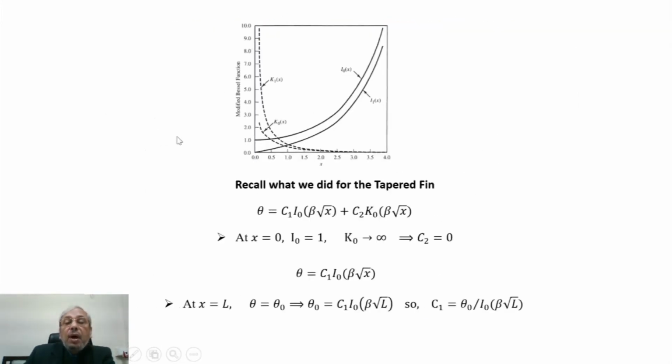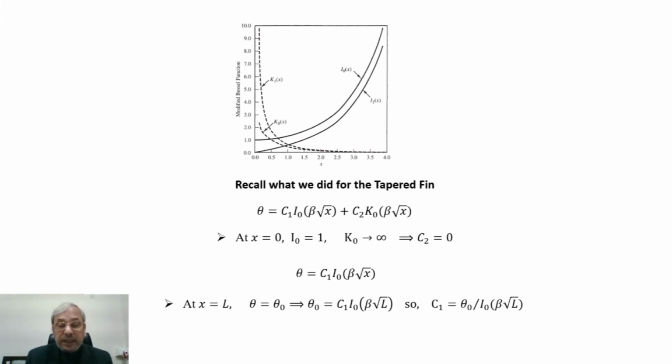And we have also in our last lecture studied some recurrence relationships. We have seen the derivative of I naught is I1, and how I naught varies with x, with the argument, how I1 varies with x, how K naught varies with x, how K1 varies with x.